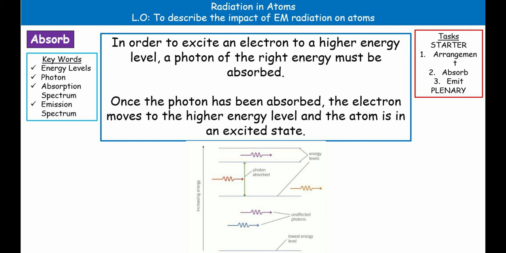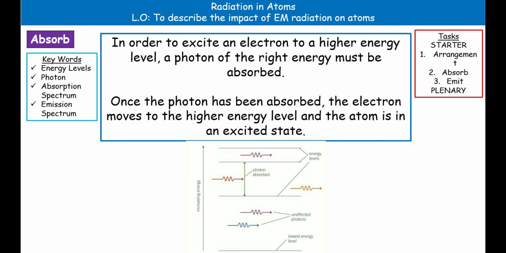And I've given you a little diagram at the bottom there that just shows you what's happening. So that line across the middle, that's going to be our original energy level. Now, what we're going to find is it's going to absorb a photon, represented by the green arrow there pointing upwards, and that's then going to move that electron to the higher energy level, the next horizontal line that we can see.